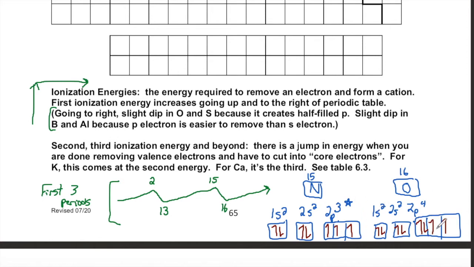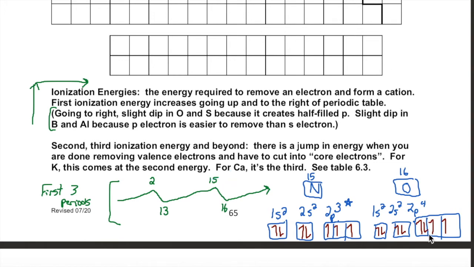Oxygen has a 4th electron in the 2p orbital, so it does not have a half-full p orbital. Again, if there were no exceptions, the ionization energy would increase going across the periodic table, and we would expect it to be more difficult to remove an electron from oxygen. Instead, we see this downturn, a dip, so it's actually easier to remove an electron from oxygen. Why would that be?